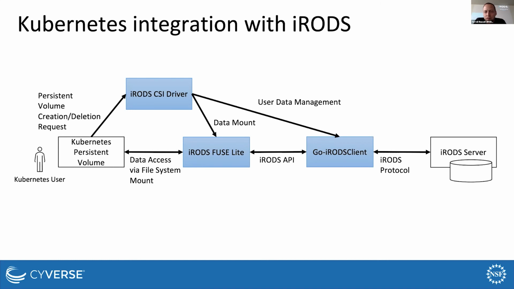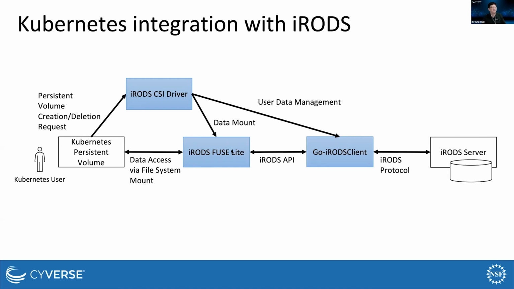Have you given it a big load? For the iRODSFuse Lite? I think the Go-iRODSClient will not have any problem with that, because it already supports pagination. But iRODSFuse Lite may have problem.